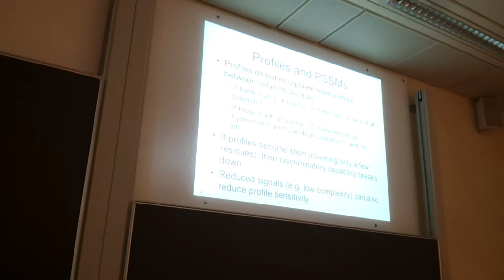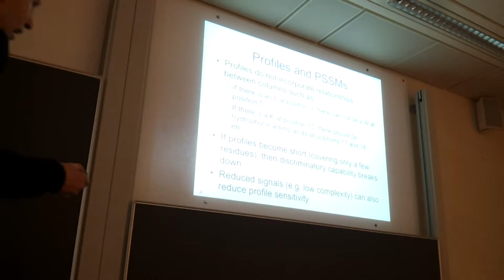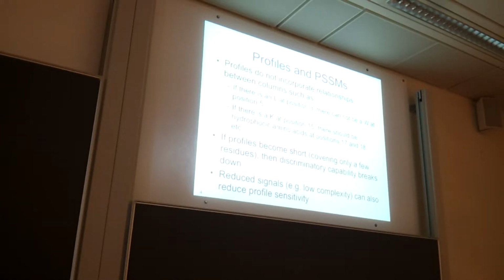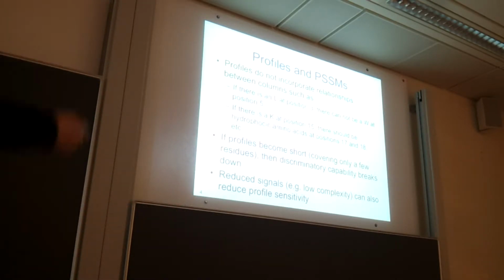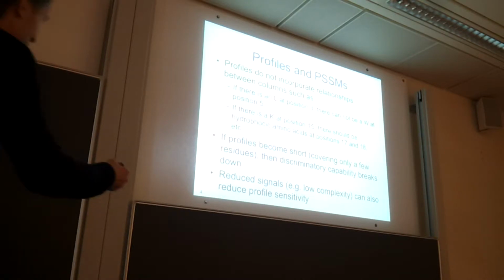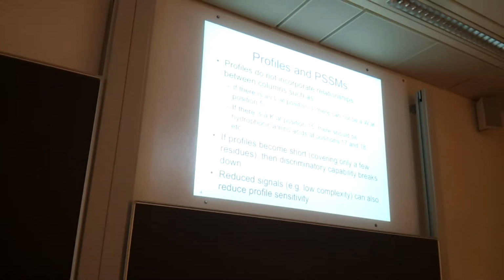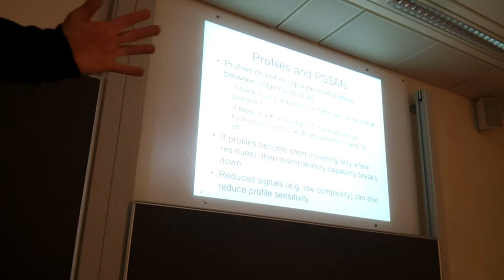For example, it might well be that if you study a protein family, you observe something like, if there is a leucine in position 3 in the alignment or in the family, then a tryptophan becomes highly unlikely at position 5. If you have these sort of relationships, how can you build those in a profile? Well, the simple answer is you can't. Everything is supposed to be independent. And these things can be very important. You can think about a way of still doing it.